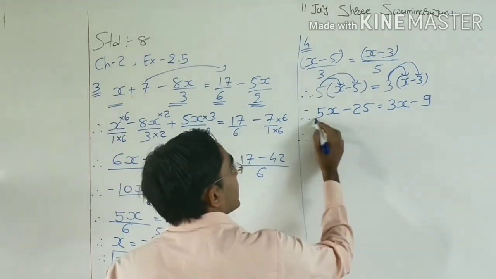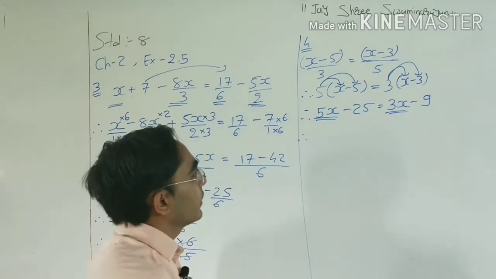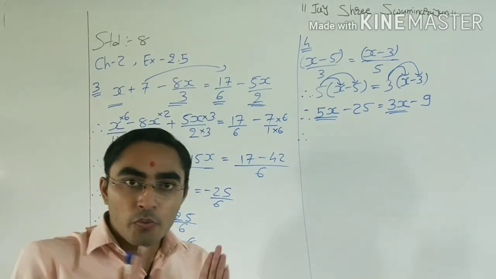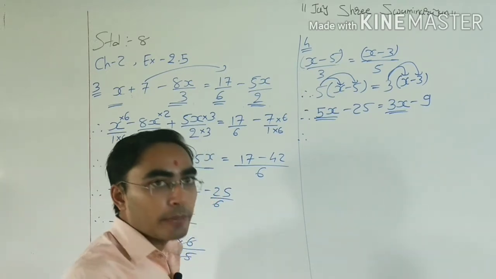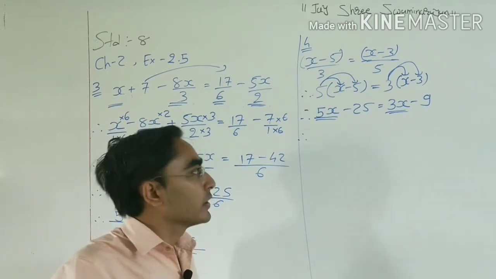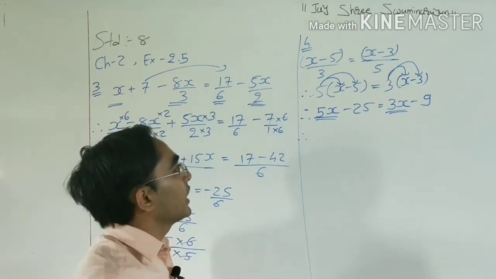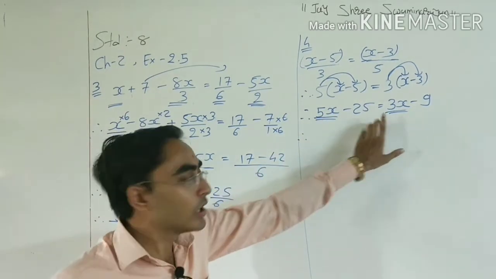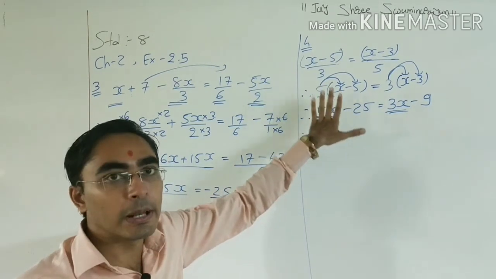Now here we have 5x, here we have 3x. That means we have a total of 2 terms which contain x, and we want those 2 terms on the same side, and out of that our big term needs to be positive. Right now in 5x and 3x, 5x is the big number, and it is already positive on the left hand side.